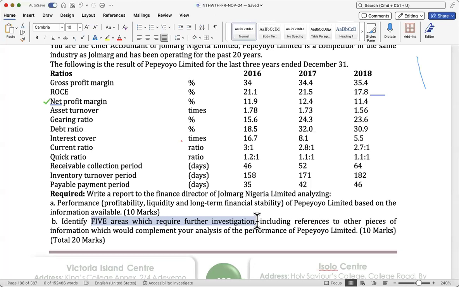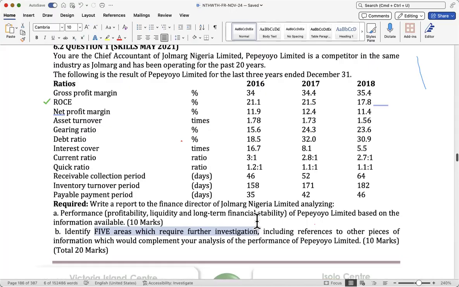Probably because they have a high gearing ratio resulting in higher interest also. You might want to know whether they have sufficient cash to settle these people if they come in ultimately. A lot of areas that you can tell them to investigate further. But these are the ways you would analyze most of these ratios in the exam.